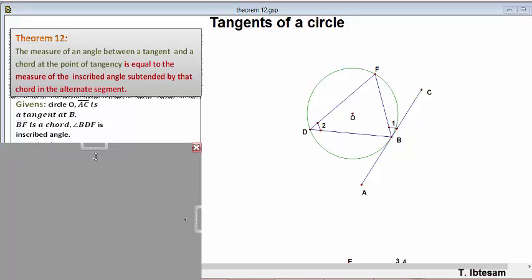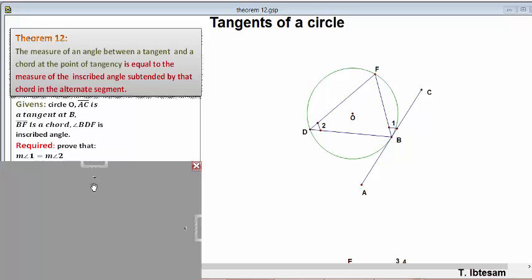What they want me to prove, as we said, is that the measure of angle 1 is equal to the measure of angle 2. This one is the same as this. So in this theorem, we need to make something to prove that. So we need a construction.